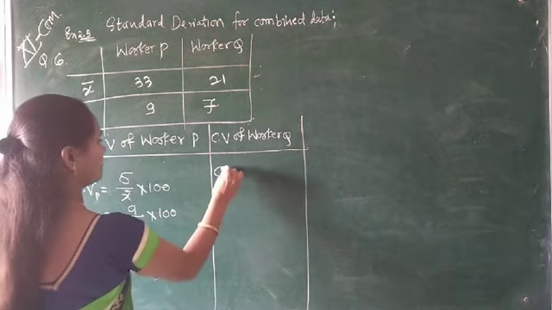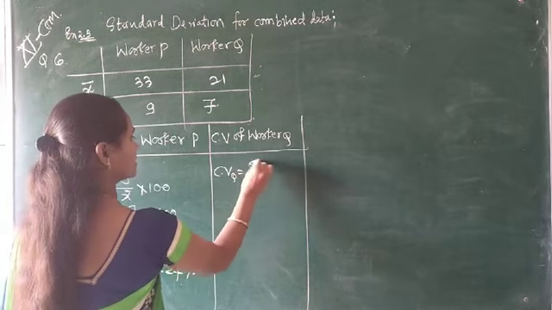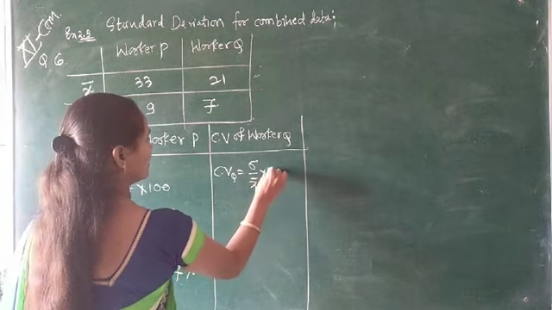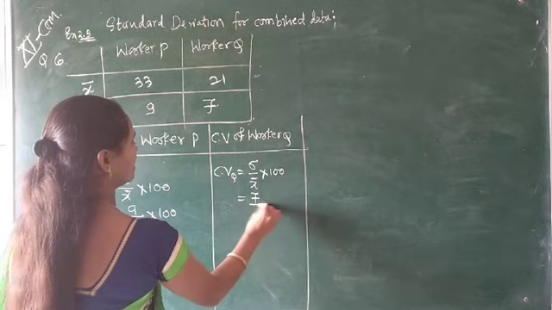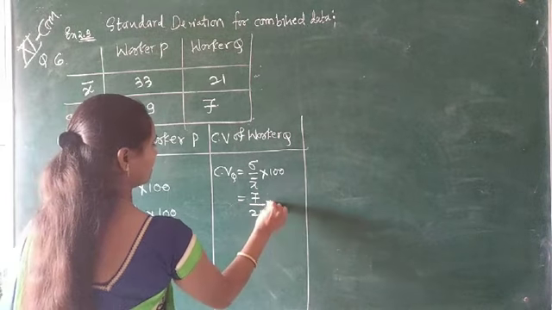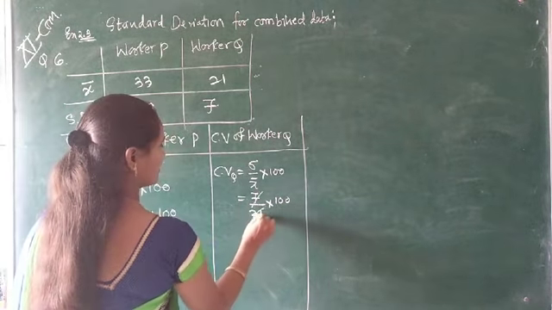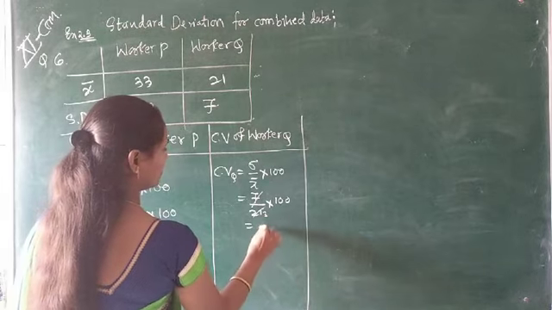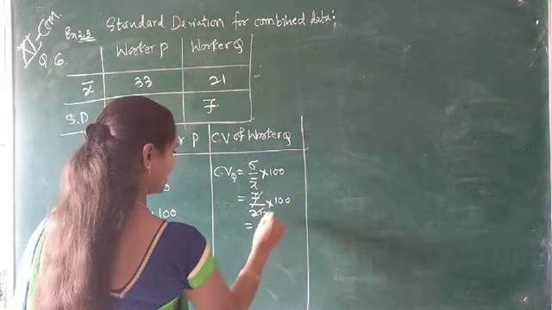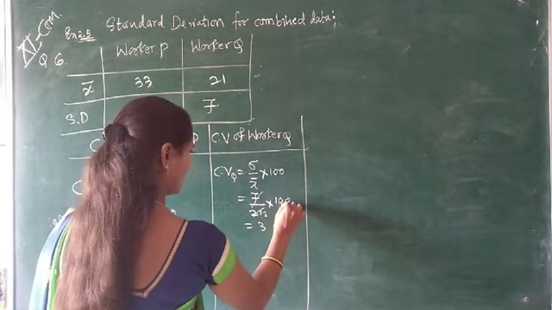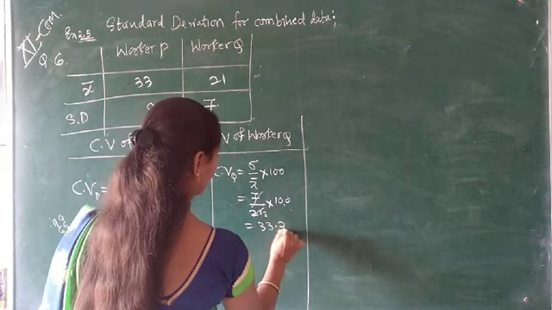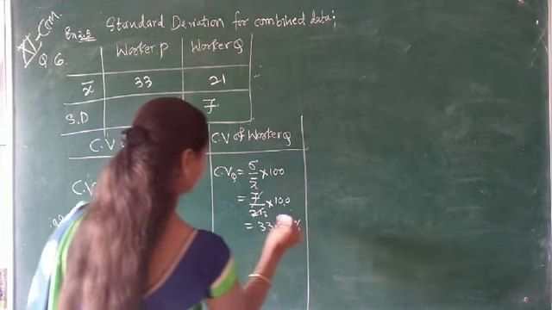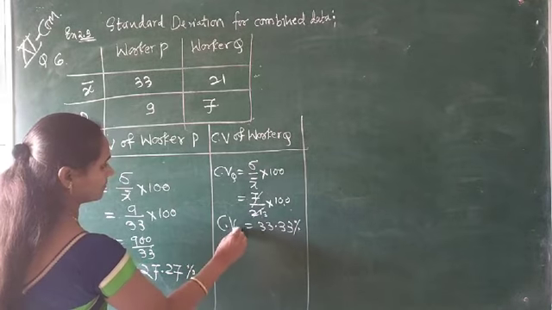Next find CV for worker Q, that is sigma upon mean into 100. What is sigma for worker Q? 7 divided by 21 into 100. 7 3s are 21. 100 upon 3. Since it is 3, 3 3s are 9, again 10, again 3 3s, again 1, that is 33.33%.